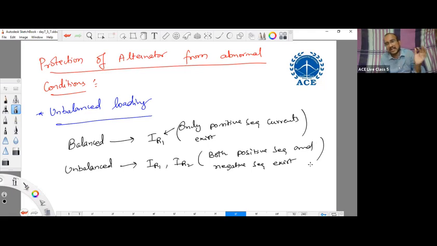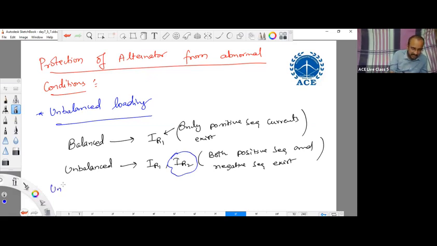Whenever the loading is balanced, there will be only positive sequence currents, and whenever the loading is unbalanced, there will be both positive and negative sequence currents. Understood? So what is our observation?